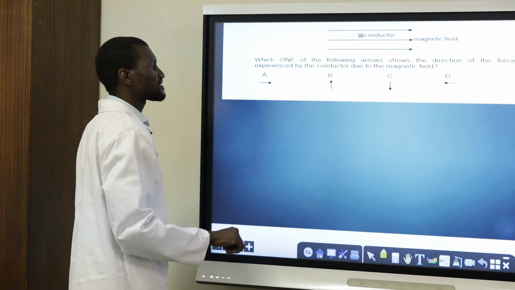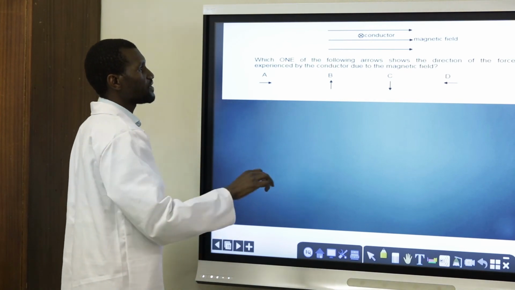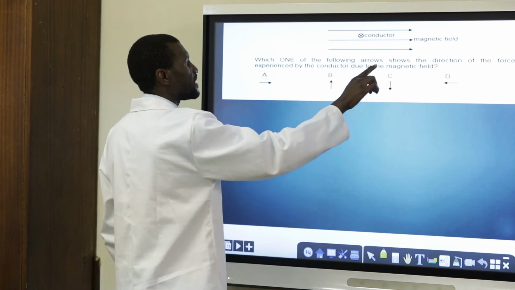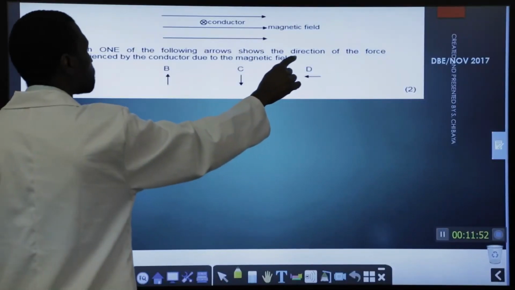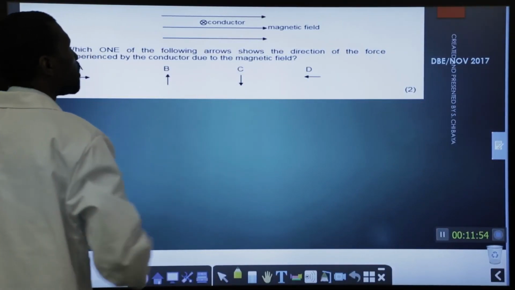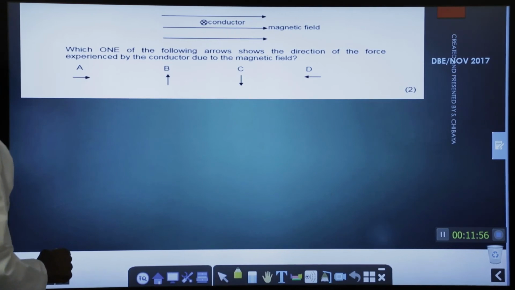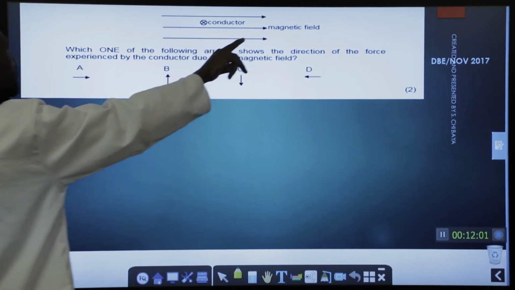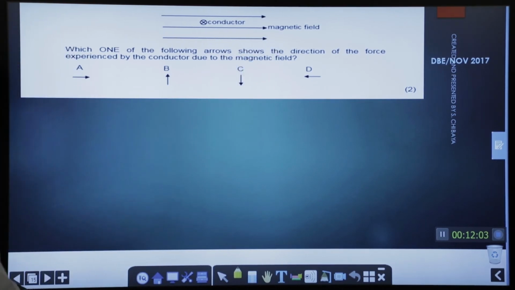We know that, right, which of the following arrows will show the direction of the force, okay? If that's the direction of the magnetic field, in this instance, we are going to use our right-hand rule, okay?